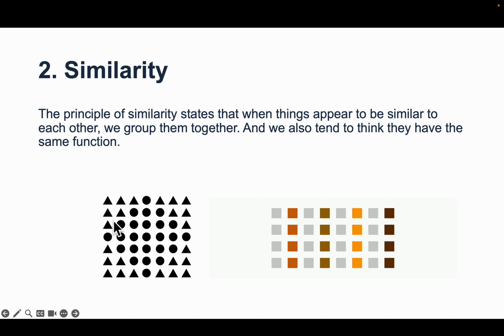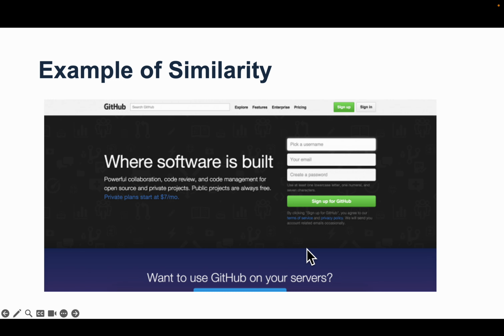Our eye groups the circles as one shape and the triangles as another section. In this example, we grouped the elements by color. The same color is one group, while the other color is another group.